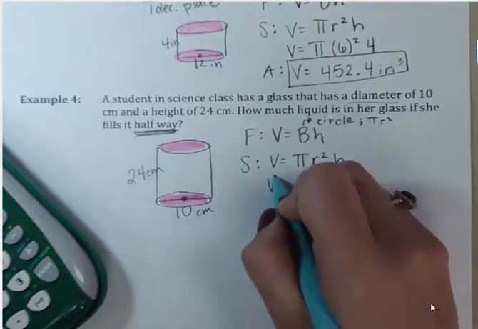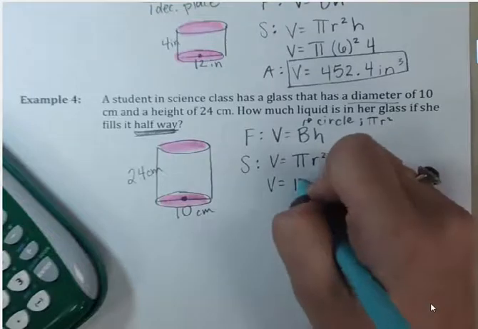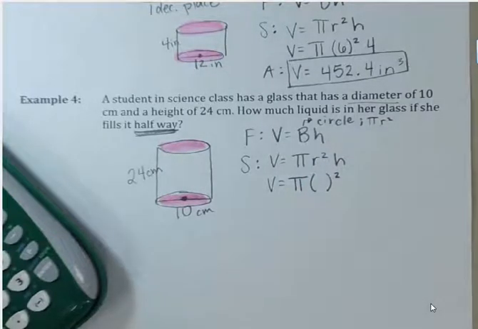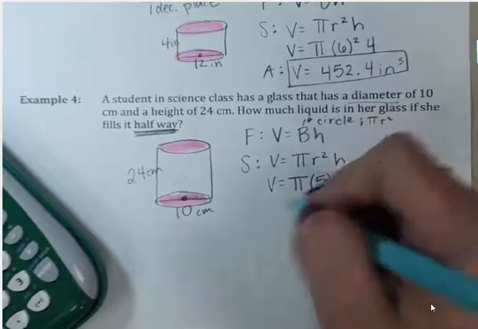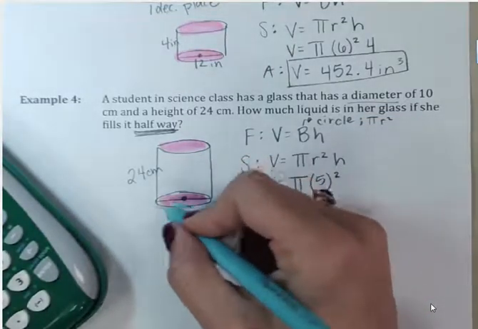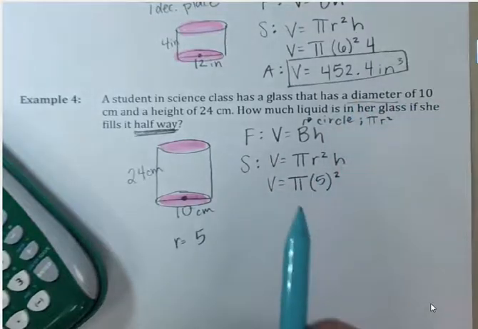We're going to substitute our numbers in now. Pi, r squared times height. What's our r? 5 or 10? 7 or 8 or 24? What are we going to put? Hopefully you said 5 because the radius is 5. The diameter is 10. It tells you diameter is 10, but we want the radius.